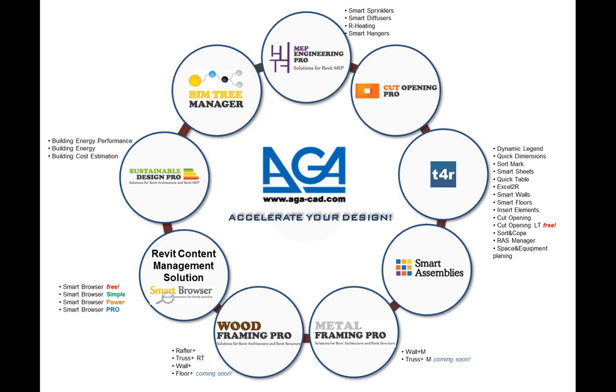This is the list of all products that we have right now in the market. And today we're going to talk about BIM Tree Manager. This is a product that goes for managing parameters and parameter values that are created in the current project. At the same time, you can insert different elements to different project places according to some rules.